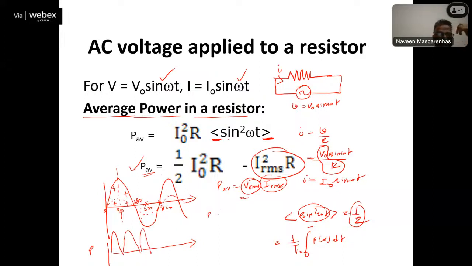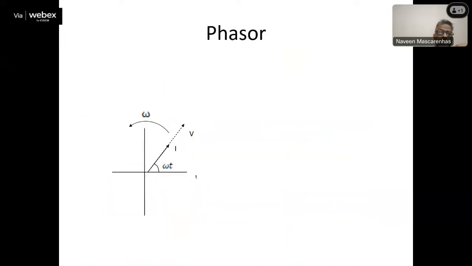Because power is V into I. Instantaneous power is V into I. And here also again, minus into minus, again it is positive. So is there an average value for this? The answer is yes, which is not 0. So the average value is not 0 for a resistor. That's what I wanted to say.